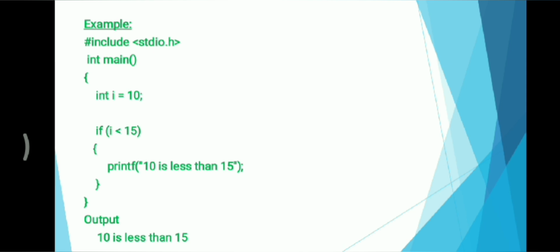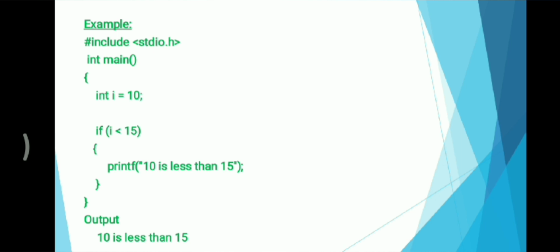Int. The main function starts with a curly bracket and ends with a curly bracket. Within this you can write code. I have created one variable. The variable name is i and the data type is int. I have assigned the value 10 to i, and at the end you give a semicolon. So now i carries 10.